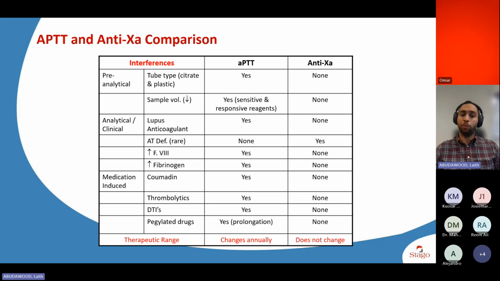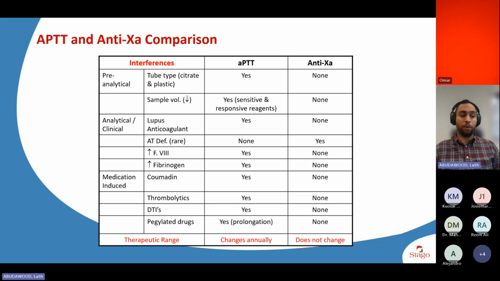Analytical issues include lupus, increased level of factor VIII, and increased concentration of fibrinogen. Also, the patient may be taking other medications which can affect APTT, such as coumadin, which is quite commonly taken, as you know. However, almost none of these, except for antithrombin deficiency, which is a rare thing, really affect anti-Xa. So you can say it's a very robust test that's not affected by all these factors.